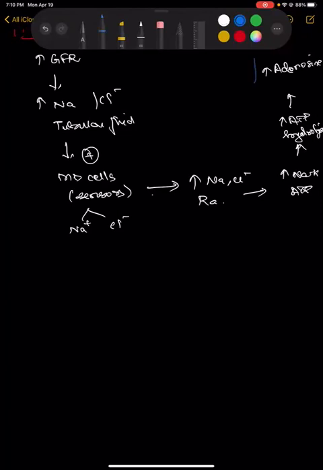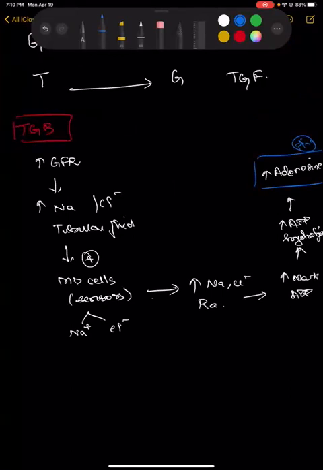And this is very important, because this entire tubuloglomerular feedback can be mediated by an increased level of adenosine. So this is a major mediator of tubuloglomerular feedback. When adenosine levels are increased, they cause smooth muscle contraction of the afferent arterioles, and that will be mediated by the A1 receptor.